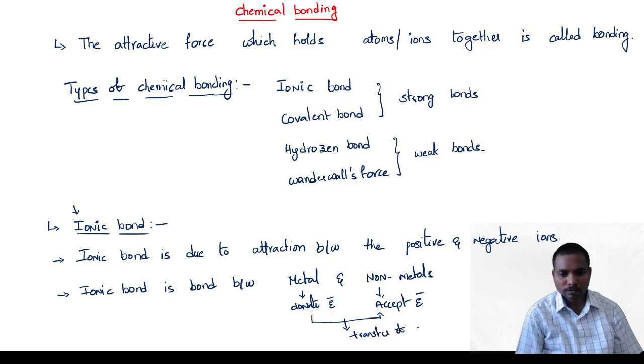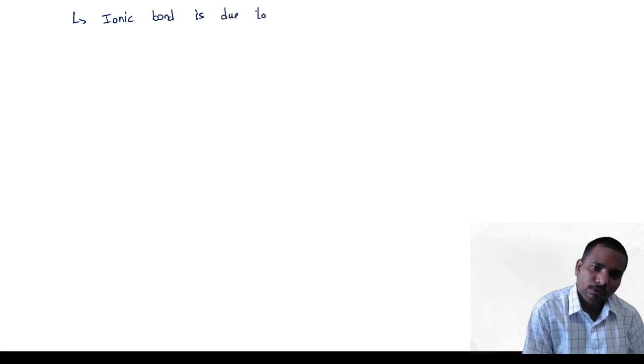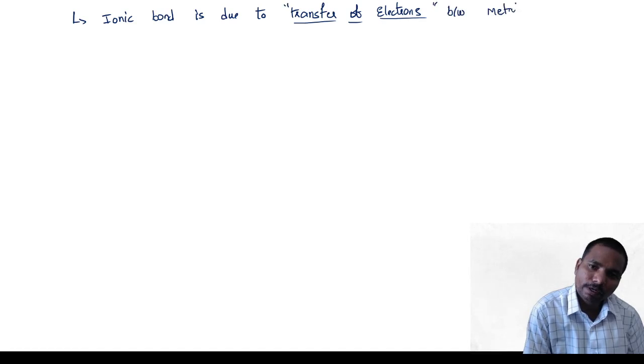We can note down the point here: ionic bond is due to transfer of electrons. This point is very, very important. Transfer of electrons between metal and non-metal.